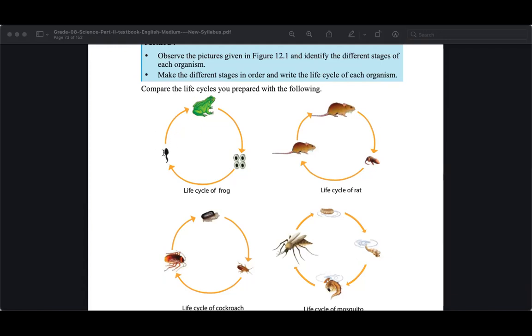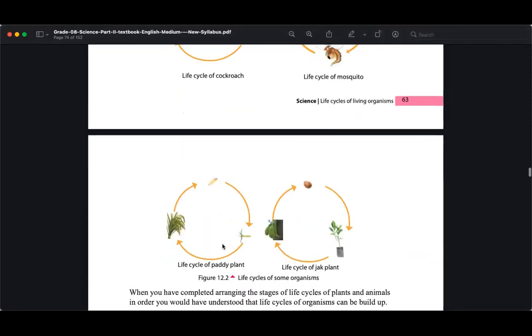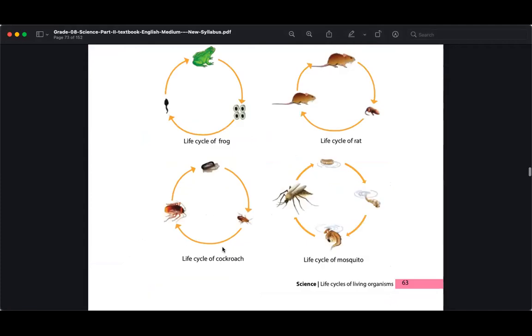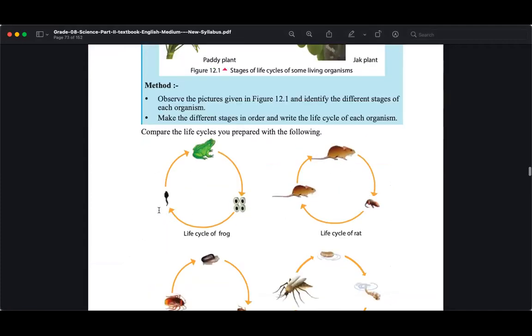This intermediate stage is given a name. What is the name? Can you remember? Have you seen them in water? They are living in water, right? Tadpole? No.